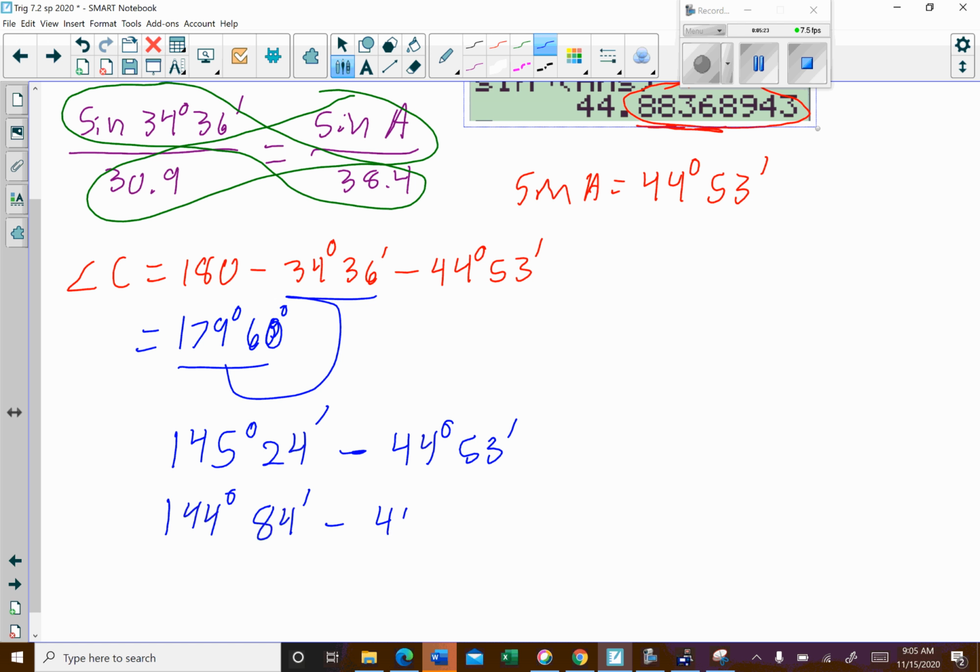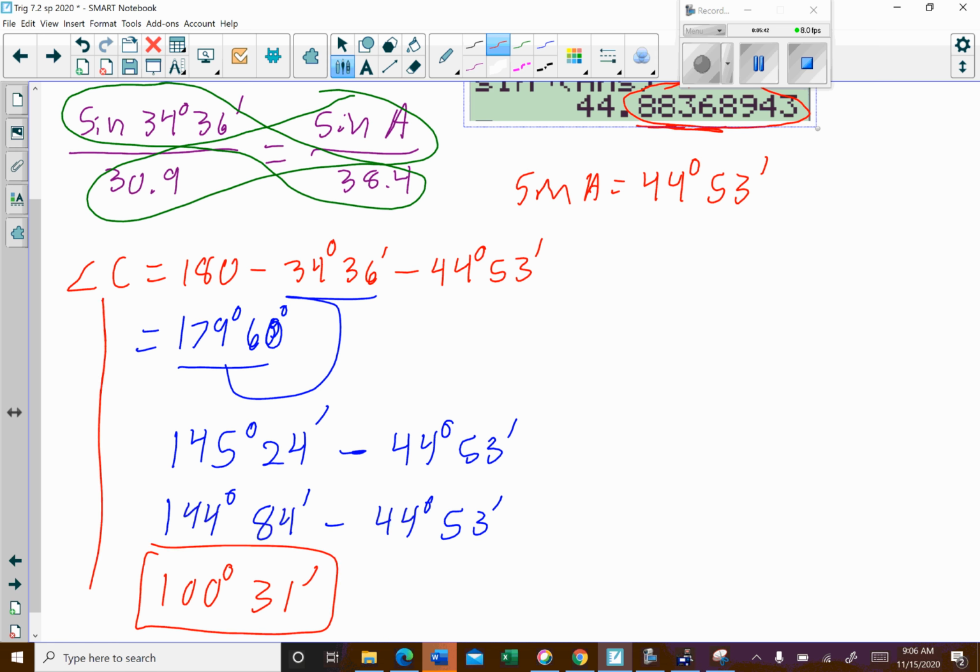And then minus 44 degrees and 53 minutes. Now we'll do our subtraction. If I subtract 44 degrees off, that gives me 100 degrees. And then if I subtract 53 off, that gives me 31 minutes. So that's my angle C.